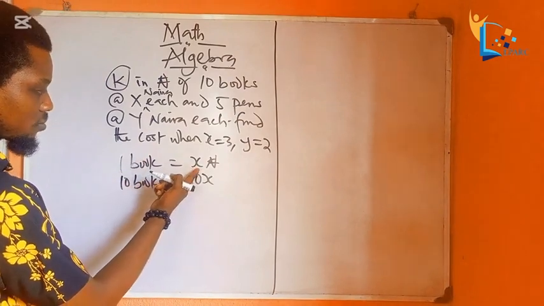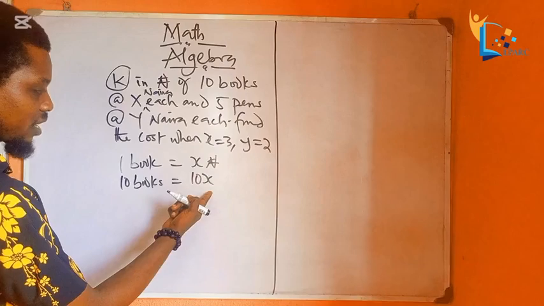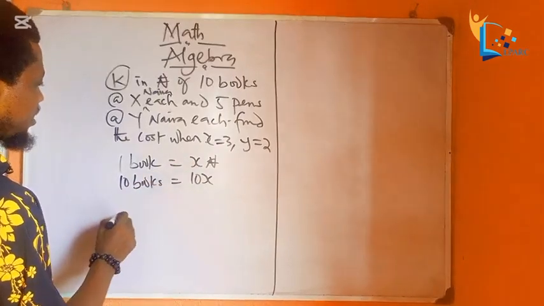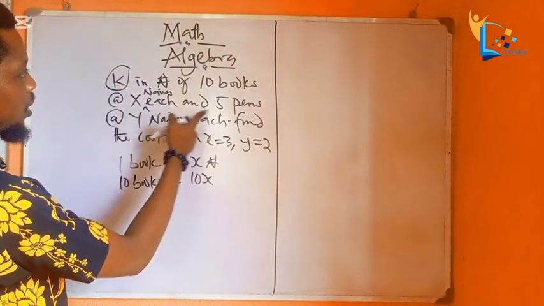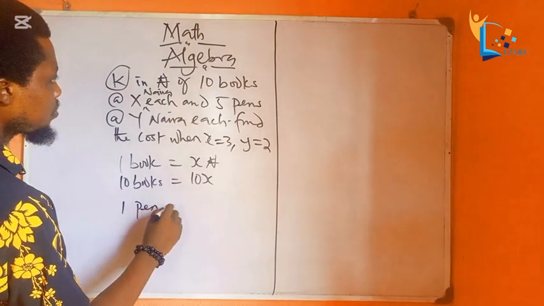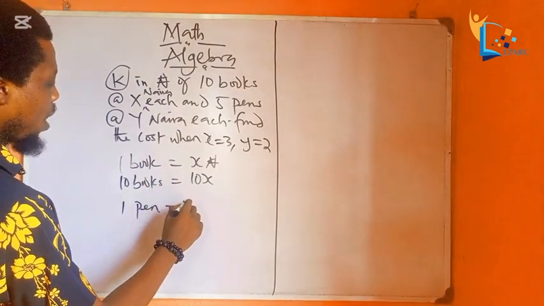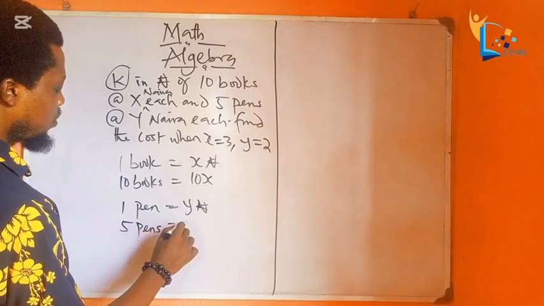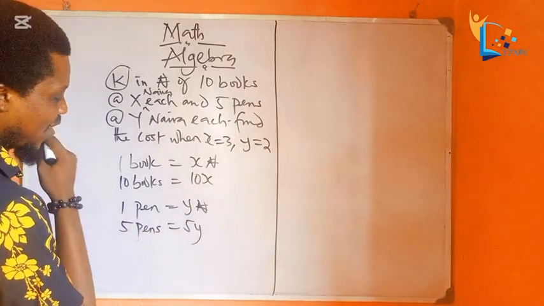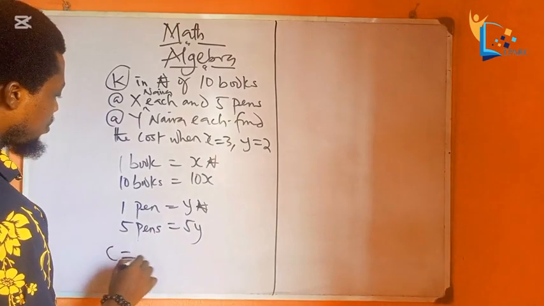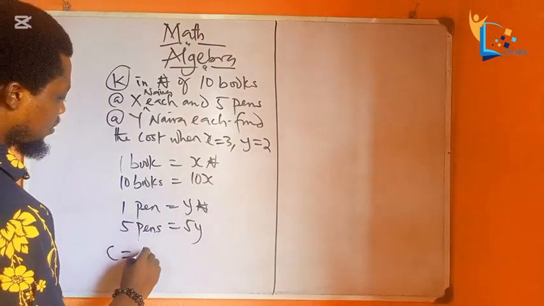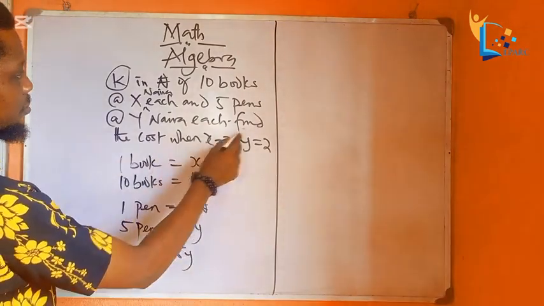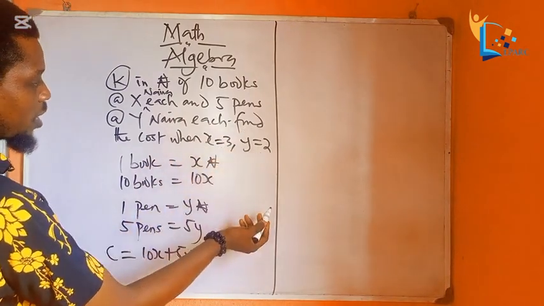If one pen is equal to Y naira, then 5 pens will be equal to 5y. So our cost C will be equal to 10x plus 5y. And here we're given that x is equal to 3 and y is equal to 2.